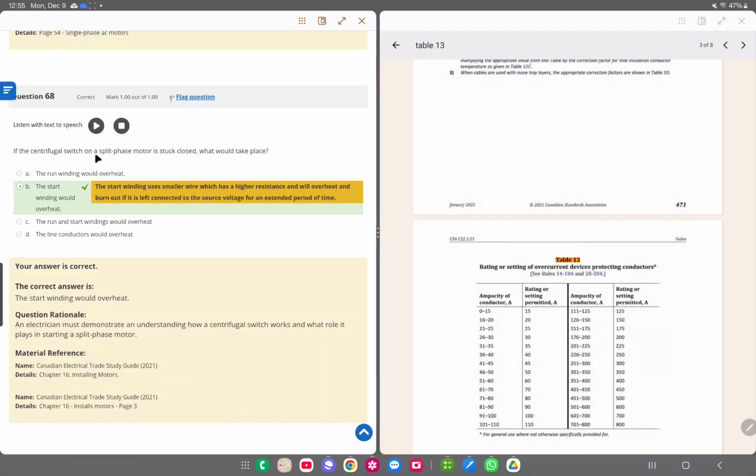If the centrifugal switch on a split phase motor is stuck closed, what would take place? So the centrifugal switch is what makes the start winding do its thing. But if it gets stuck closed, it's going to burn out the start winding.